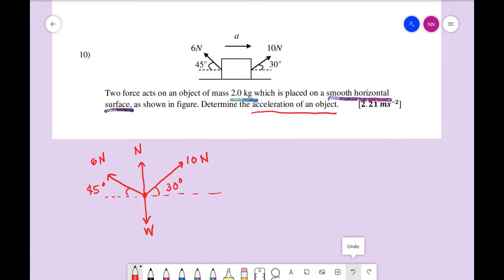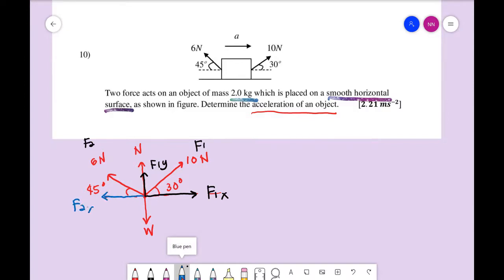So these two forces should be resolved to X components. Let's say 10 Newton is F1 and 6 Newton is F2. So we have to resolve F1 to F1x and F1y, and then resolve F2 to F2x and F2y.